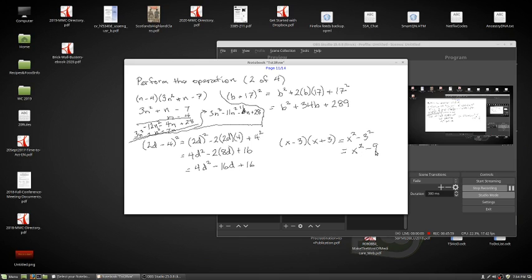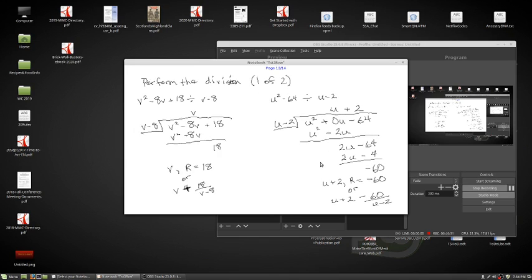So we get x squared minus 9. And you could do this with the regular FOIL formula, and you get x squared minus 3x plus 3x minus 9, and then the 3x and the minus 3x zero out. So you can just do it the FOIL way, or if you got room in your head to memorize this formula too, it'll also work.